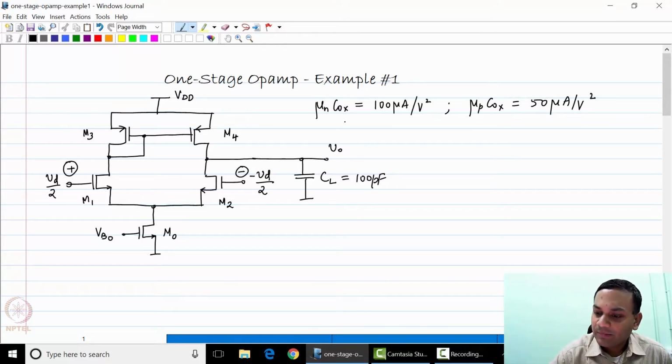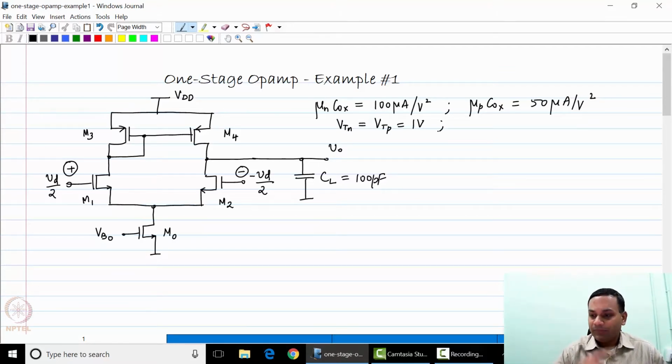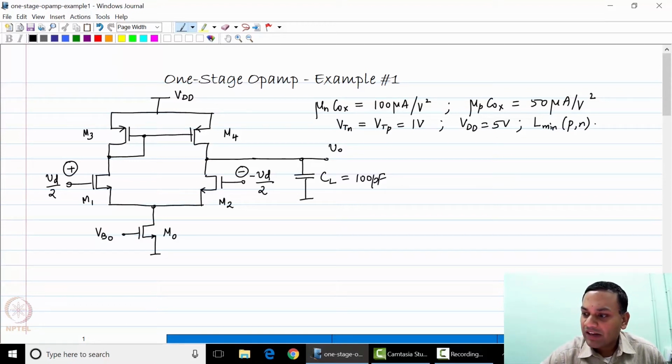Let us say that VTN is equal to VTP is equal to 1 volt, and the supply voltage is 5 volts, and the minimum length possible for the PMOS and NMOS is 0.5 microns, and lambda n and lambda p are equal to 0.02 volt inverse for Lmin.